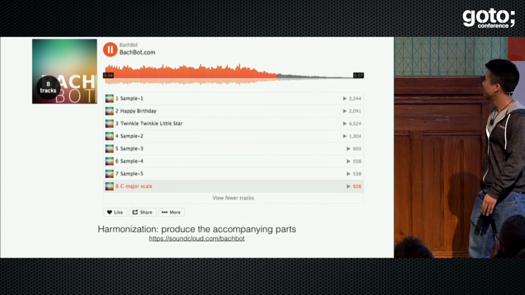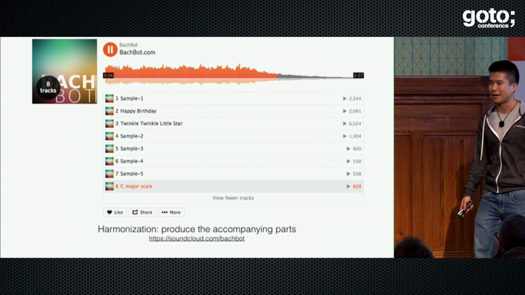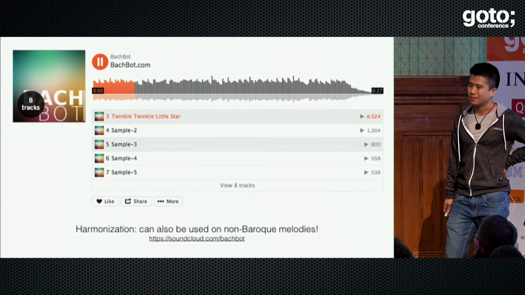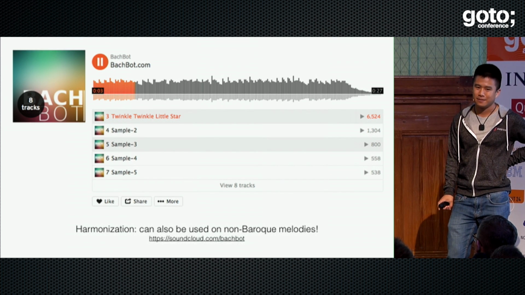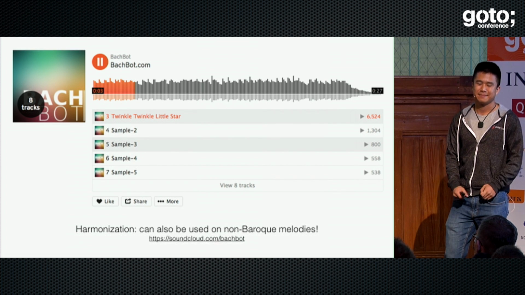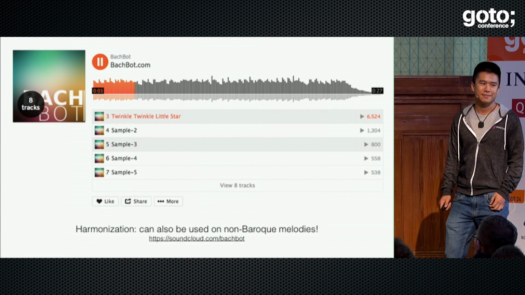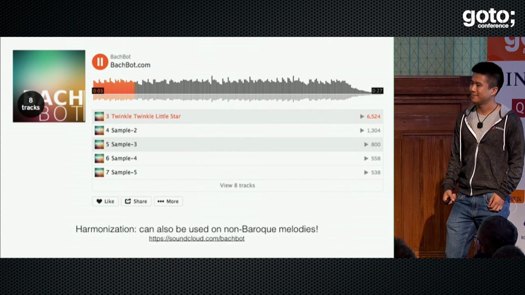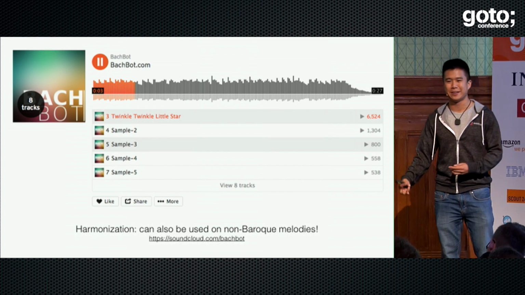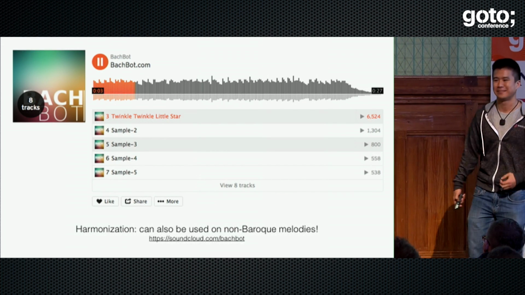What's really interesting, though, is that not only can we just harmonize simple melodies like that, we can actually take popular tunes, such as this, and generate a novel Baroque harmonization of what Bach might have done had he heard Twinkle, Twinkle, Little Star during his lifetime.